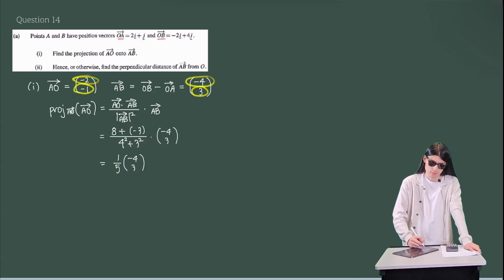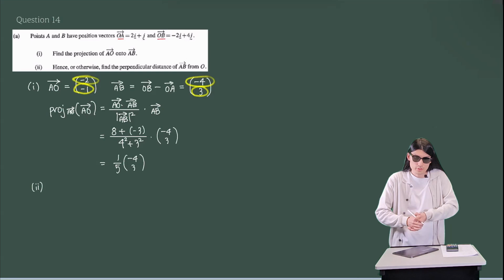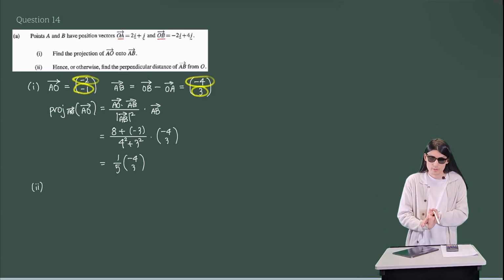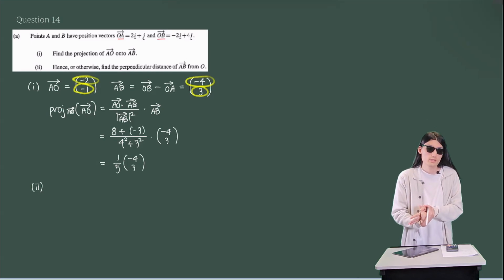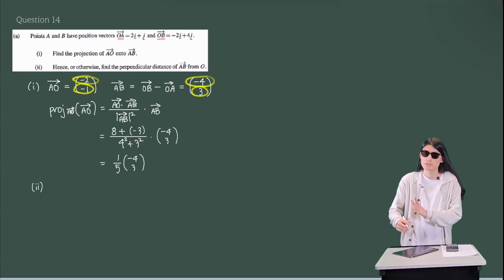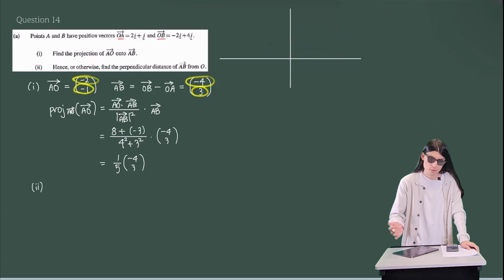Now, in order for you to solve the second part, it is actually beneficial to have some sort of geometrical understanding of the situation in the question, as in it is very, very useful if you have a geometrical understanding of what the projection of AO onto AB that you found in the first part is. So to illustrate my point, let me sketch on the Cartesian plane, guys, the vectors OA and OB first.